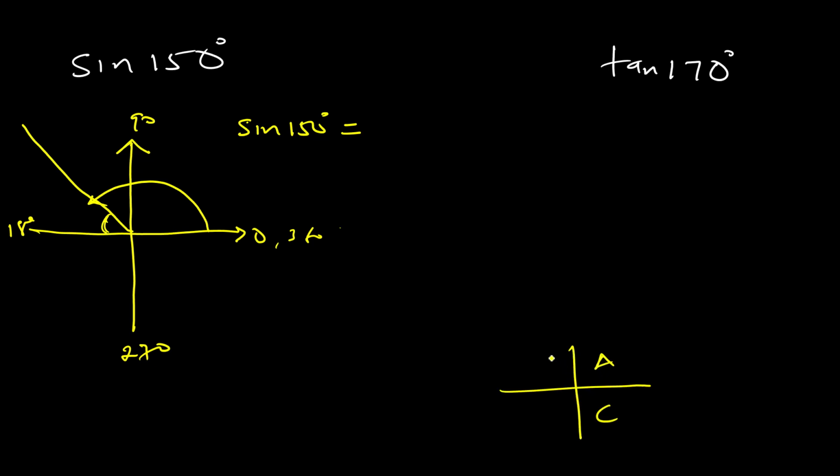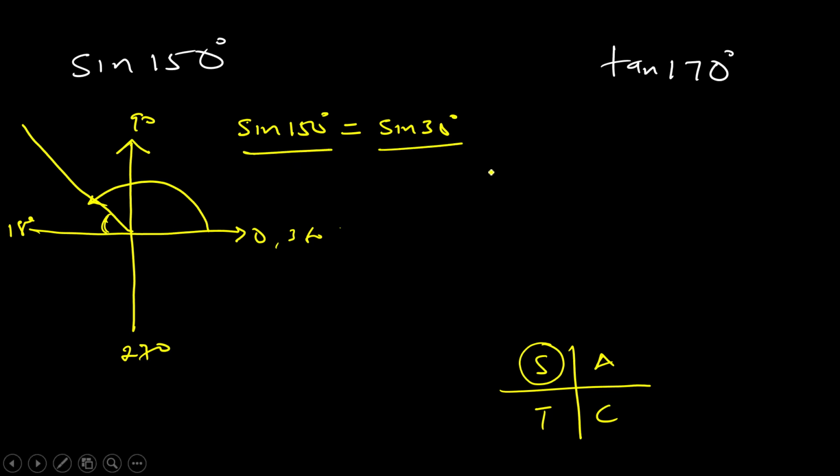CAST. So only sine is positive here, therefore we have sine 30. So you can verify this. Sine 30 is the same as sine 150. Okay, so the direction is positive.